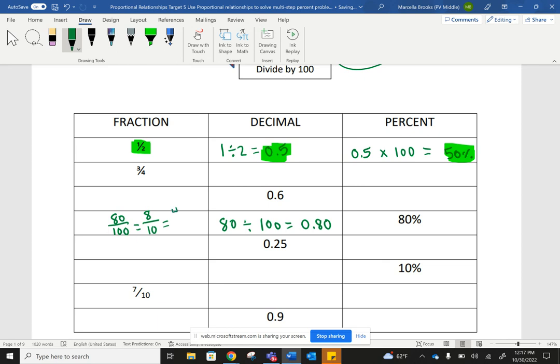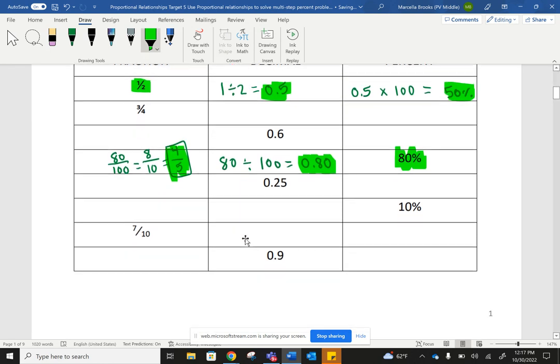So 8 divided by 2 is 4. 10 divided by 2 is 5. So now they have no more numbers in common. So 4/5 is the same as 0.80 and 80%. All right, so I want you guys to try to do the rest of these on your own. And we'll move on to the next page.